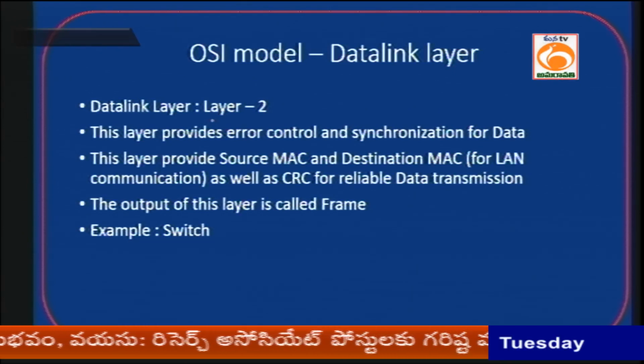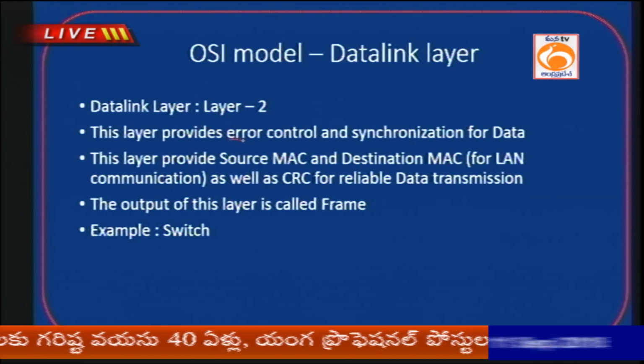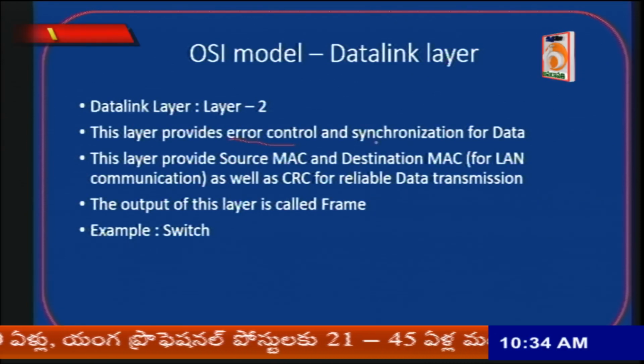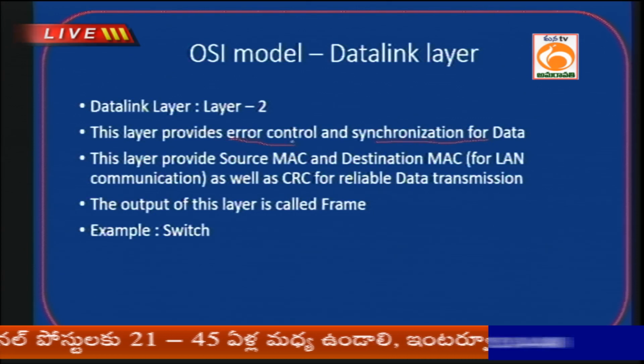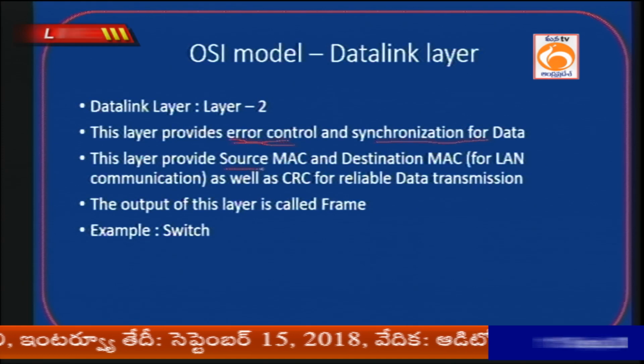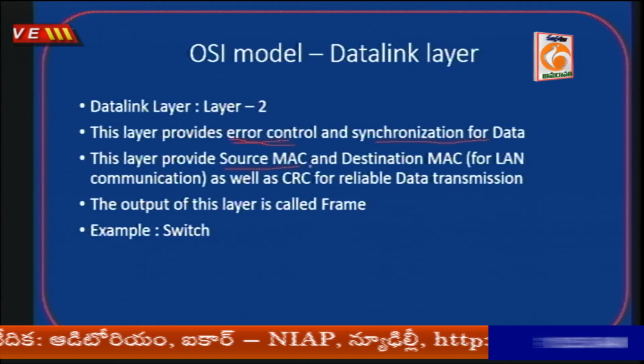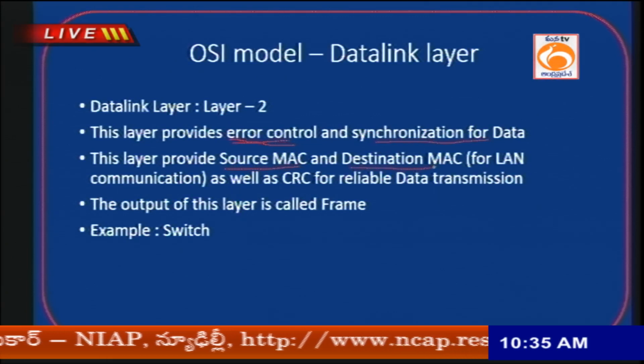This is also called layer 2, and it provides error control and synchronization of the data. This is the function of the data link layer. So it provides the source MAC address, meaning the MAC address of the device that is sending the data, also called the layer 2 address, and the destination MAC address.